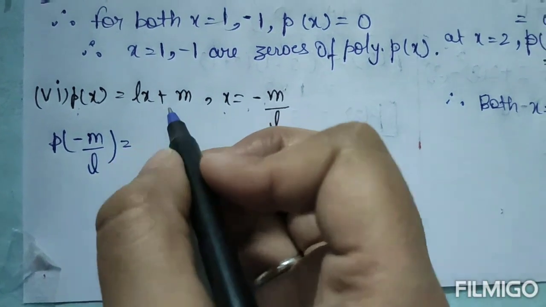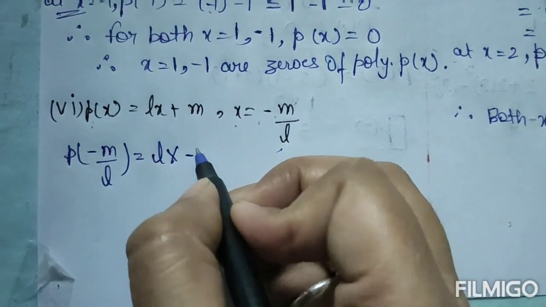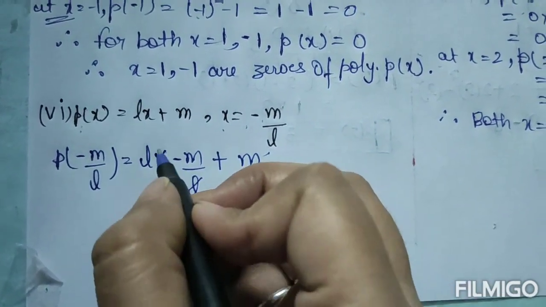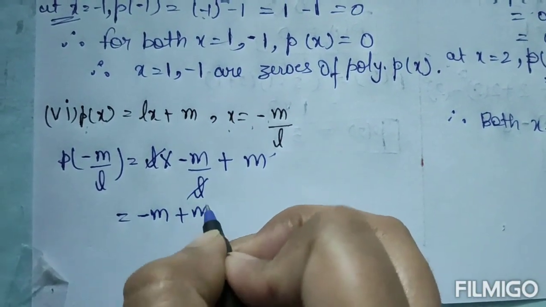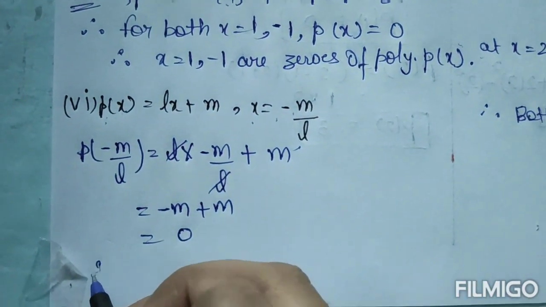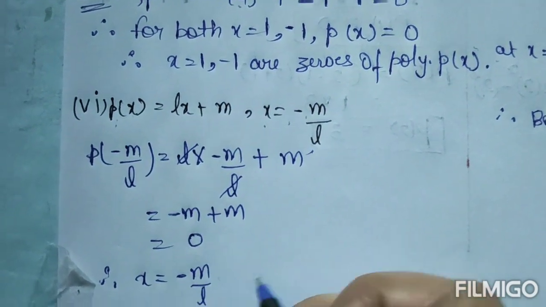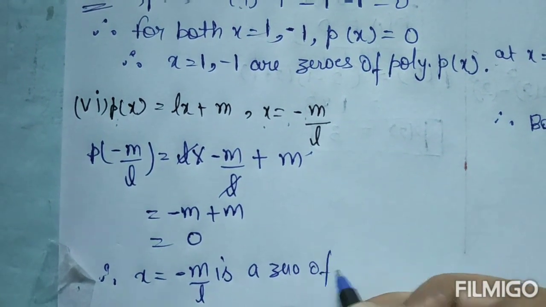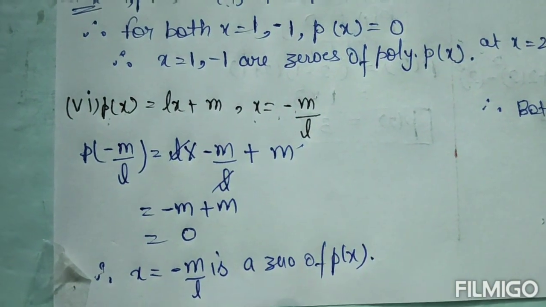So put x equal to minus m by l. Do the calculation carefully. It will be l multiply x minus m by l plus m. L and l cancel out. It will become minus m plus m, and this will be 0. So therefore x equal to minus m by l is a 0 of polynomial px.